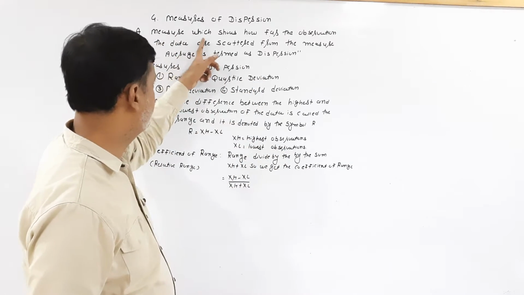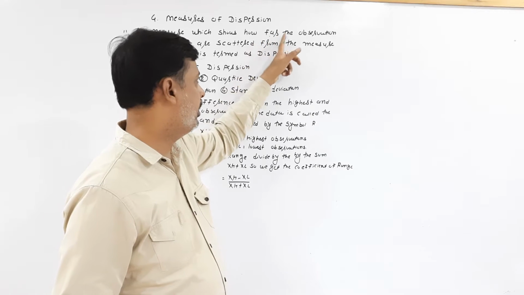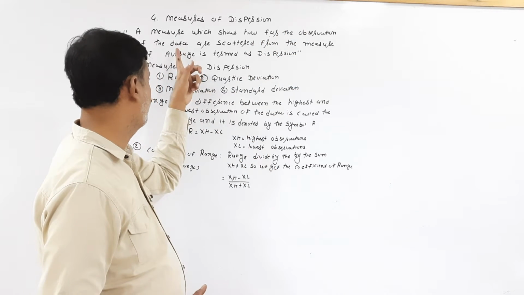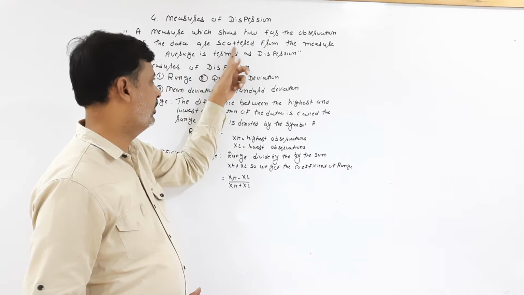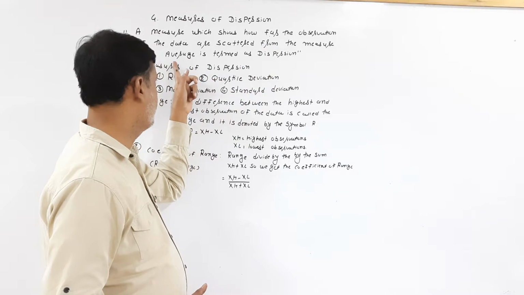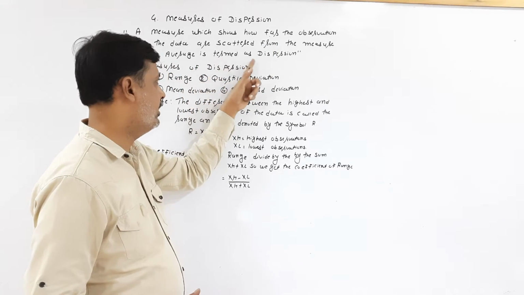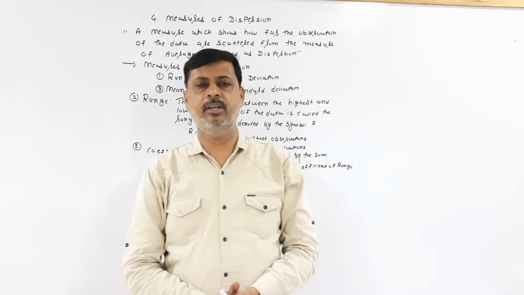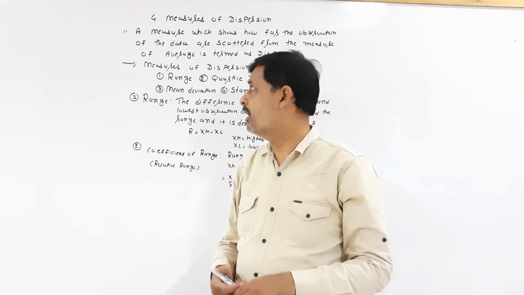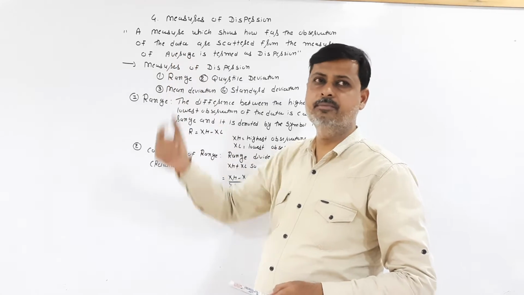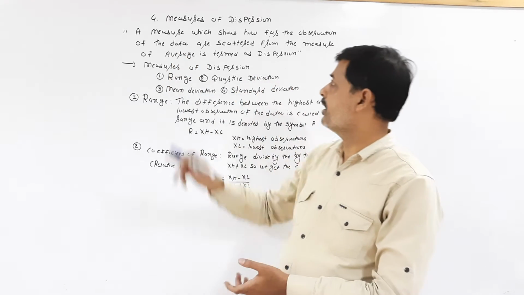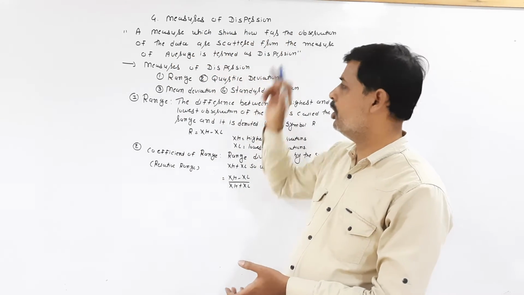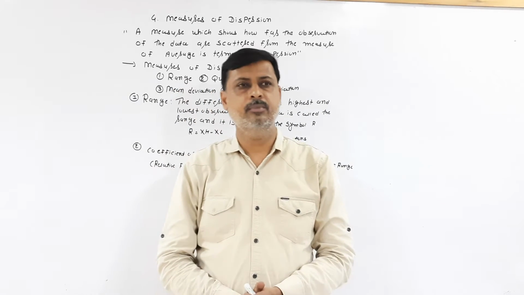A measure which shows how far the observations of the data are scattered from the measure of average is termed dispersion. So basically, what is dispersion?